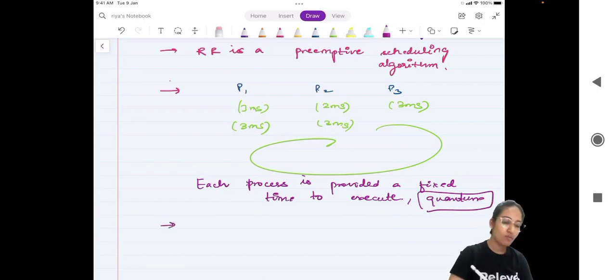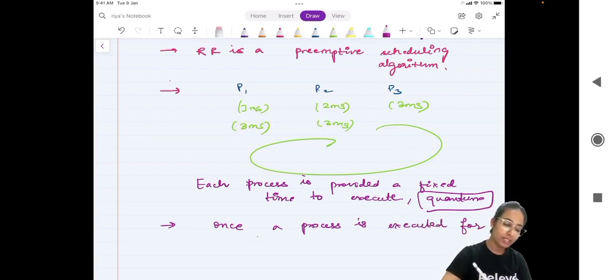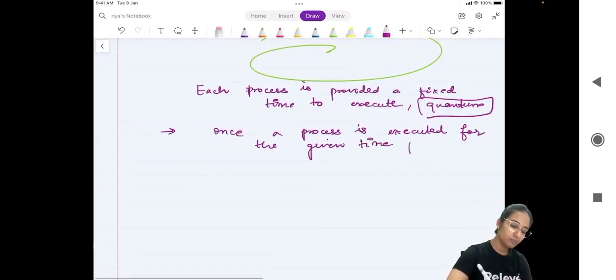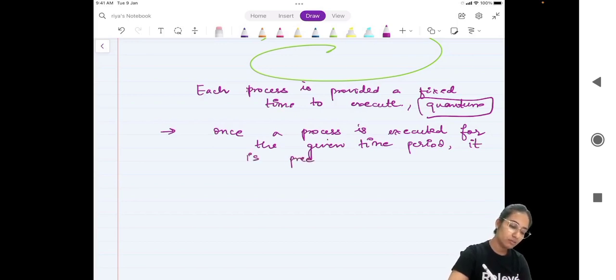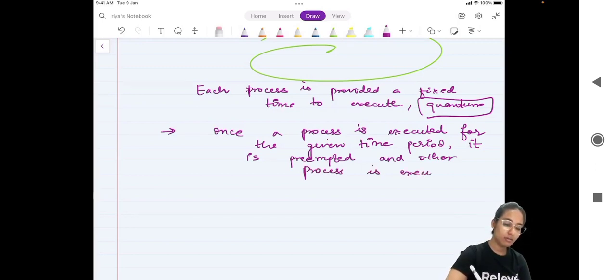Once a process is executed for the given quantum or the given time period, it is preempted, it is stopped in between no matter how much of it is left. It is preemptive, and another process is executed for the given time period.